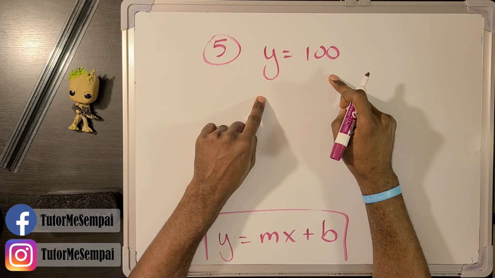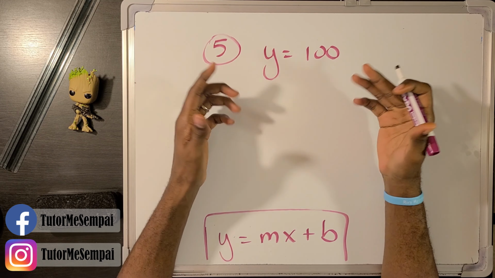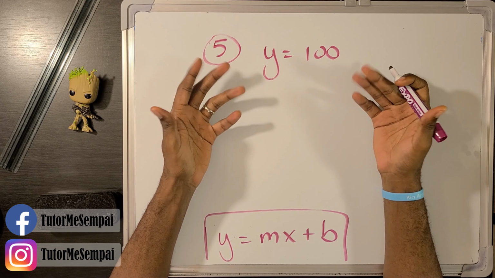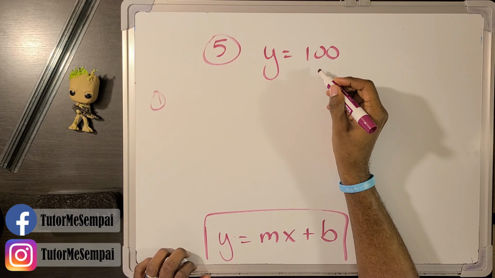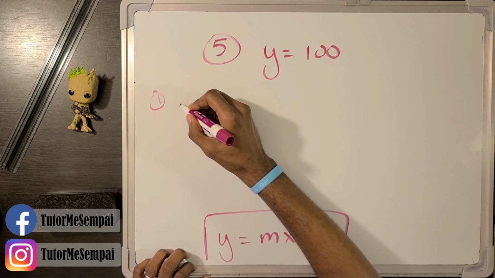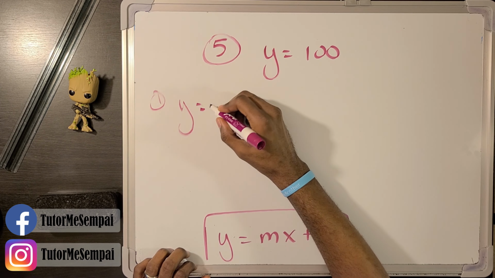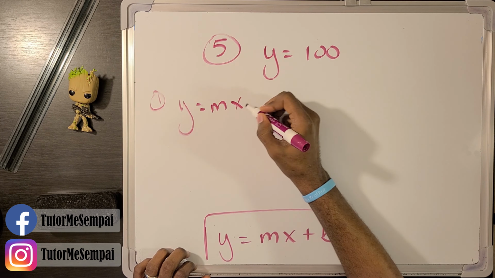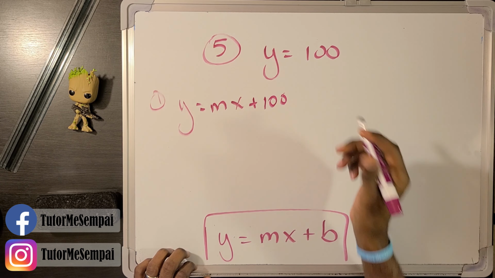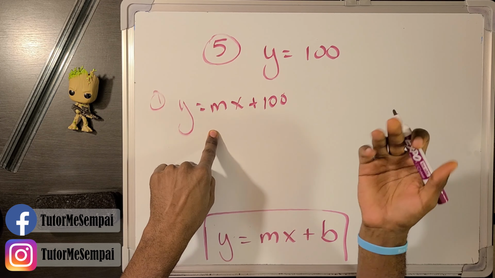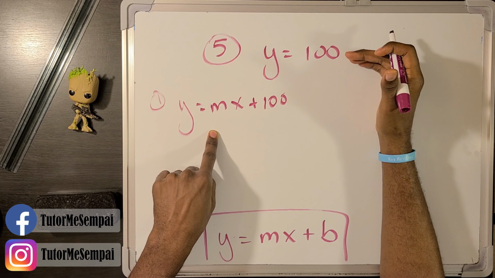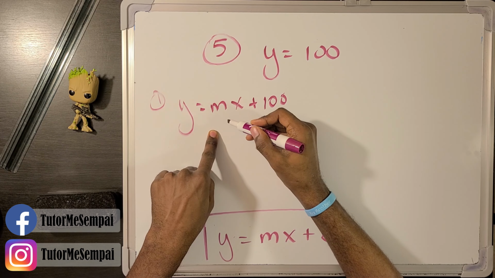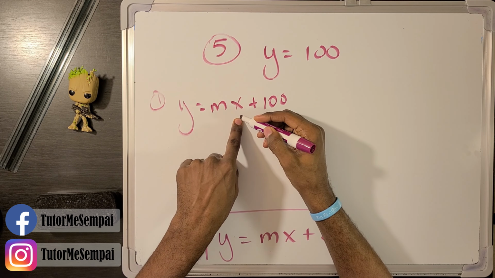So looking at this y equals 100, we can technically derive this in a few different fashions. The first one being, assuming this 100 was your y-intercept, you have y equals some m for slope times x plus 100. Now, what m or slope would give us this equation up here, y equals 100? Well, we would need m to be 0 in order to cancel out this x here.